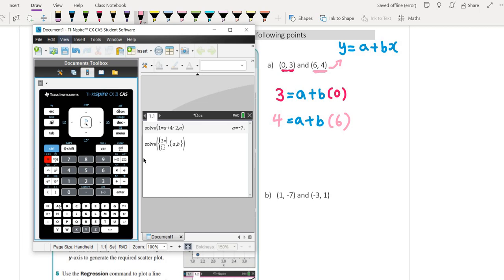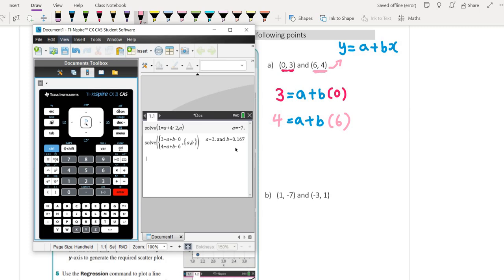So first one was 3 equals a plus b times 0. And the second one was 4 equals a plus b times 6. And then once you have the 2 equations written, you press enter, and it tells you what a and b are.